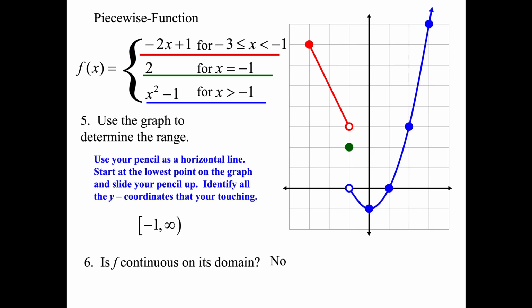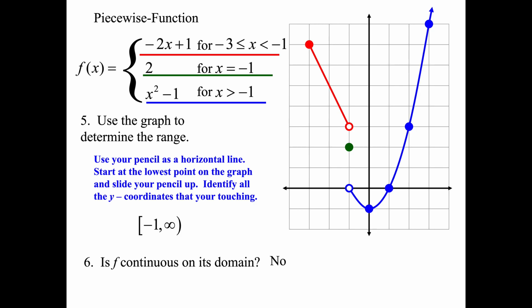F of -1 is 2. What was our other one? F of -2. Here's -2, I go up, bam, there's my answer. There's f of -2. F of 3, 1, 2, 3, 4, 5, 6, 7, 8. There's my point. So it'd be quicker to evaluate these right off the graph.